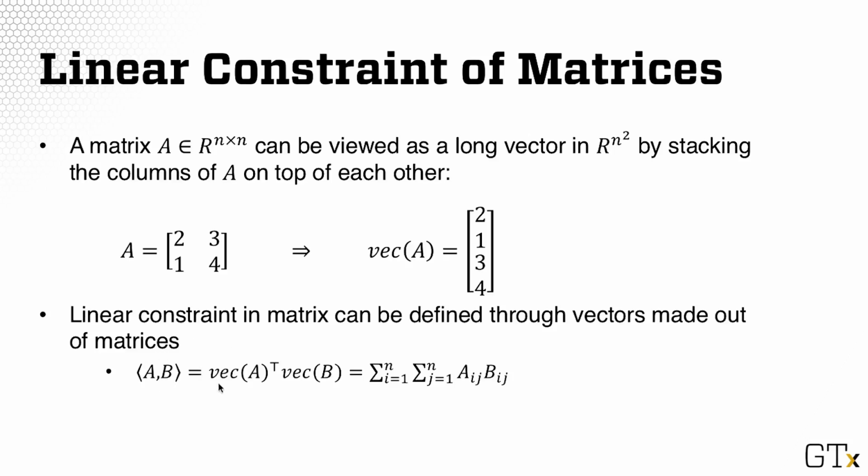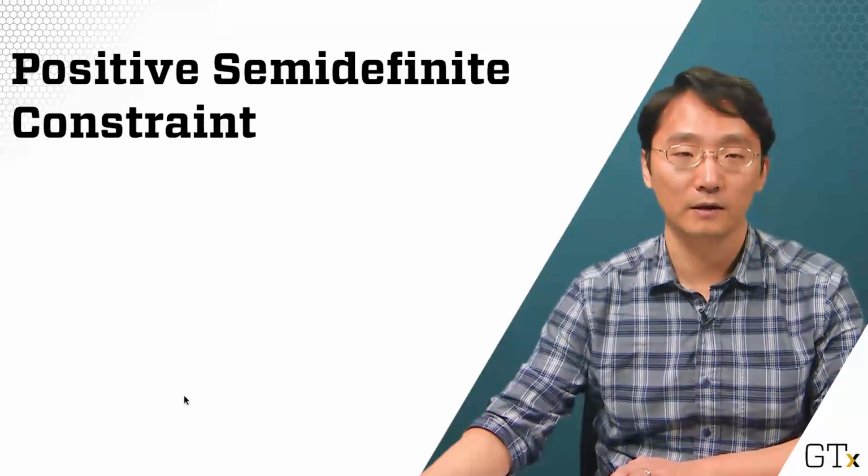It's written in this special way, A inner product B, which is defined as the vector version of A, stacking columns, inner product with the vector version of B. And that is the same as saying this is the component-wise product and then sum. So that's a linear constraint. This is called the inner product between matrices, and this will give us a way to define linear constraints.